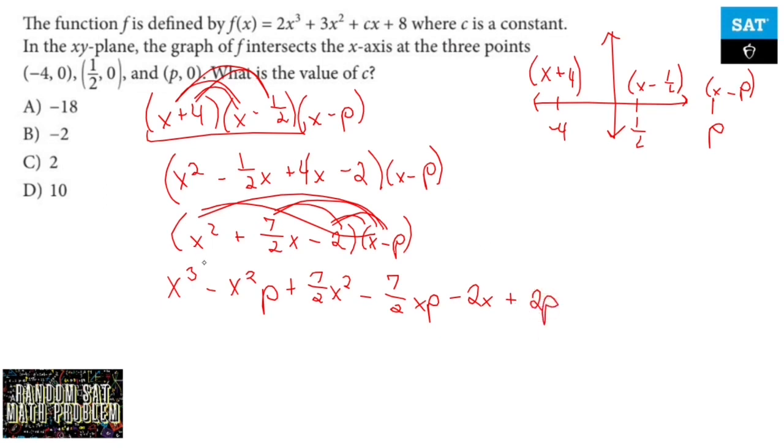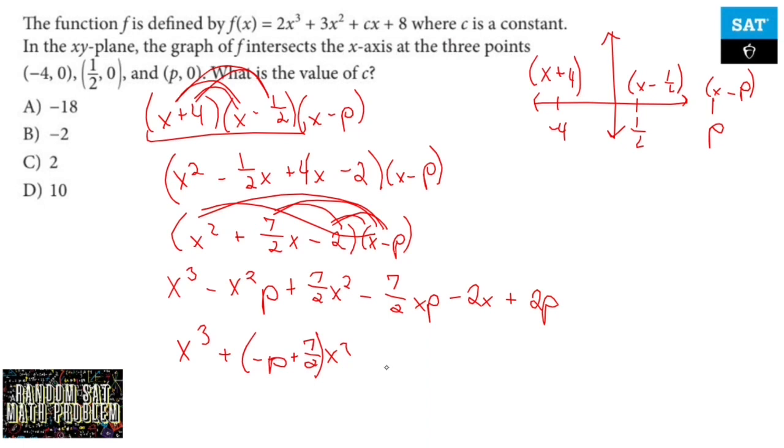So I want to compare this to that as much as possible. So we have x cubed, minus, let's make it plus, let's factor out everything from these two x squared terms. So I have x squareds hanging out here. So that's going to be minus p plus 7 over 2, like so.